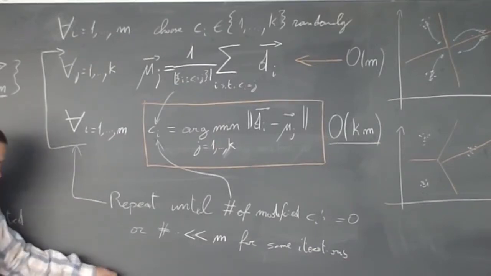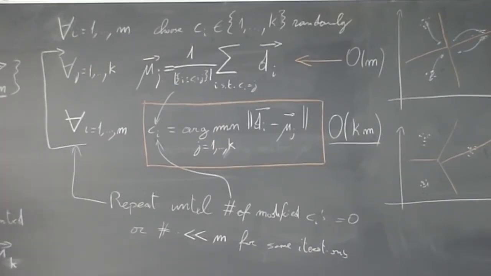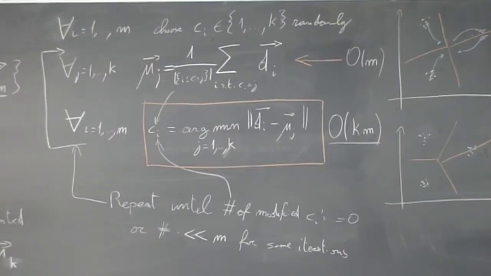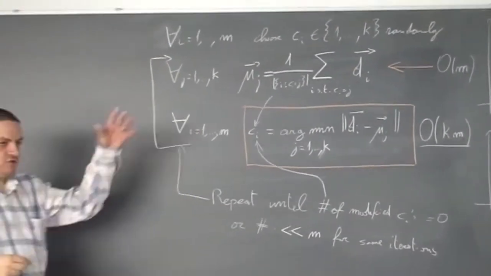Okay, now suppose that we have executed this algorithm and at a certain point we met this stopping criterion and the algorithm terminates. What can we say about the goodness, the fitness of the solution that we have found?